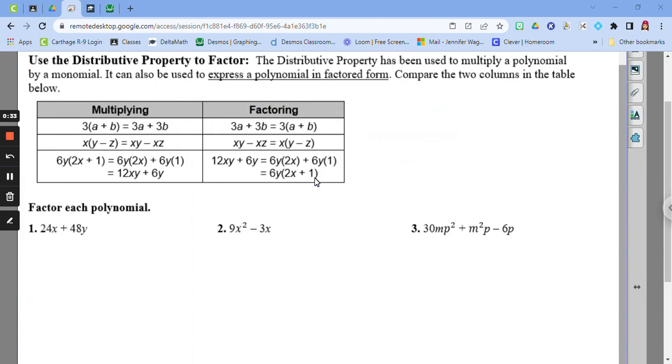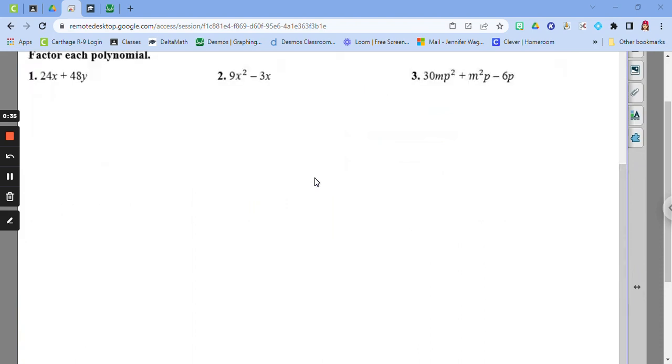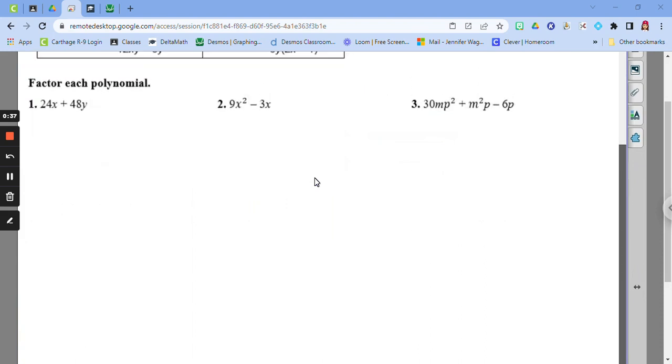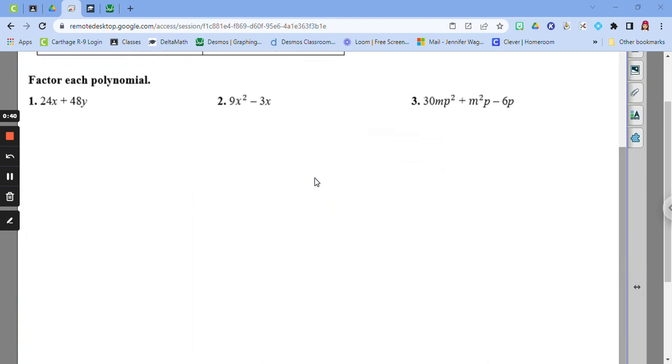Okay? So along the lines of what we were doing today on the activity, 24 and 48 can both be divided by 24. That would be the largest one. So I'm just going to go with, say, 12, just to show what we're looking at.